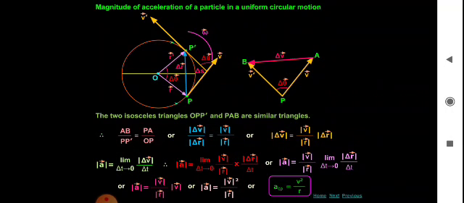So we can rewrite the equation. We will get the modulus of delta V becomes the modulus of vector V divided by modulus of vector R, into the modulus of delta R vector. So the modulus of acceleration is limit delta t tends to 0 of the modulus of delta V divided by delta t.